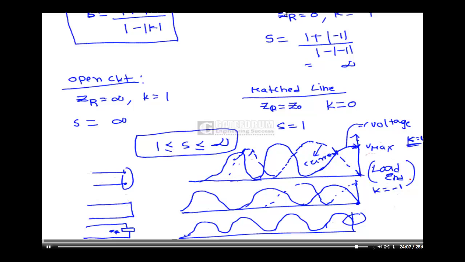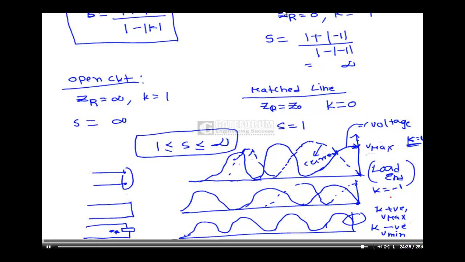So in general, if the reflection coefficient K is positive, at the load end we will get Vmax. If the reflection coefficient is negative, at the load end we will get minimum. This concept is very, very important for solving problems.